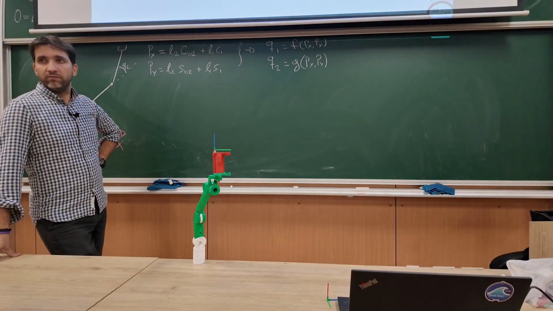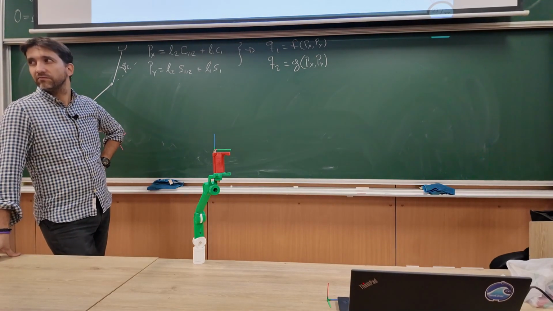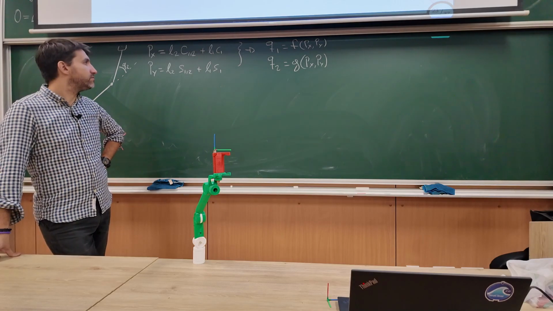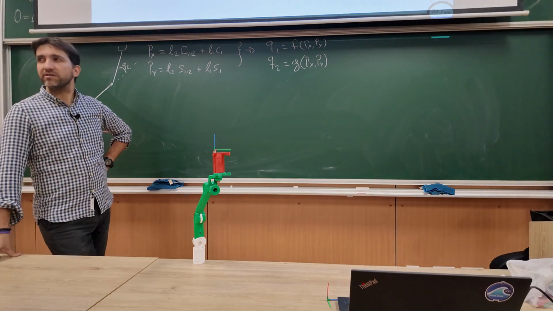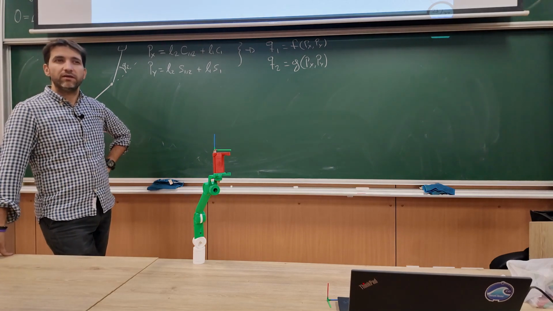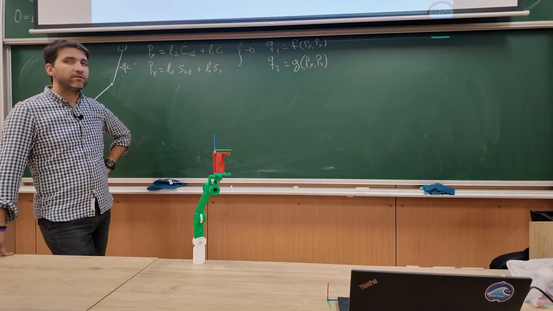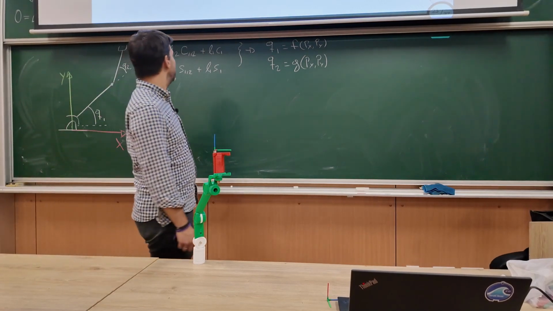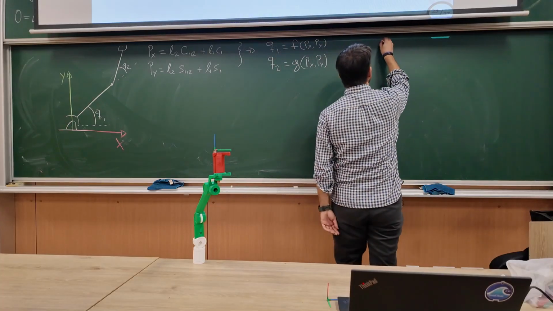What else could I do? Any ideas? We're going to have to remember some trigonometric relationships. Wasn't there a formula for the sum of cosines?